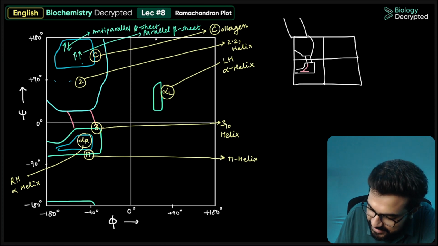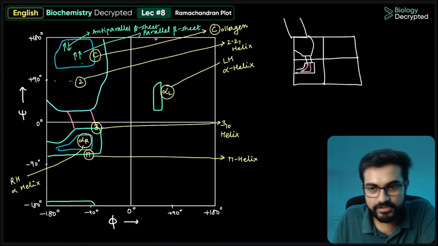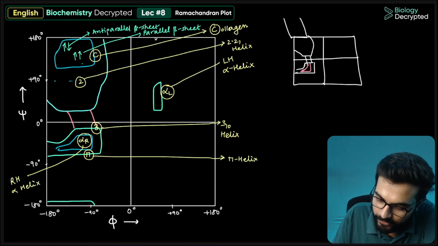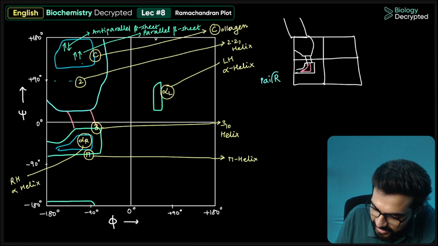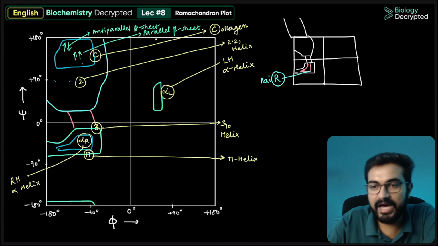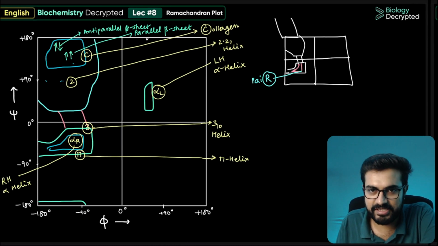This is his pair of socks, so you can say PAIR. So this is the R part. Just remember this, and then we'll see what this corresponds to.